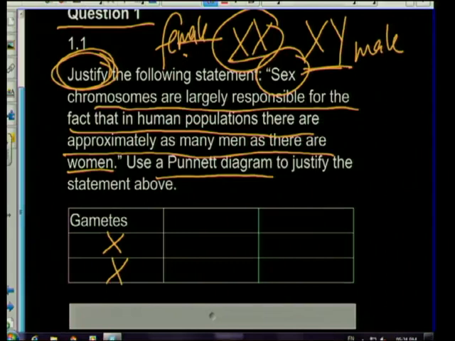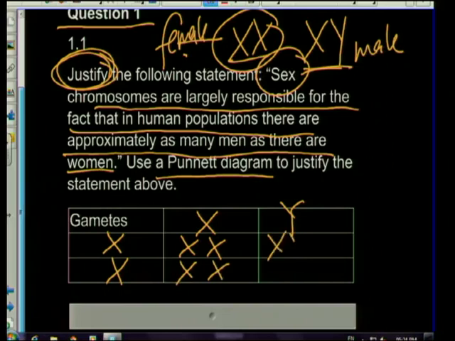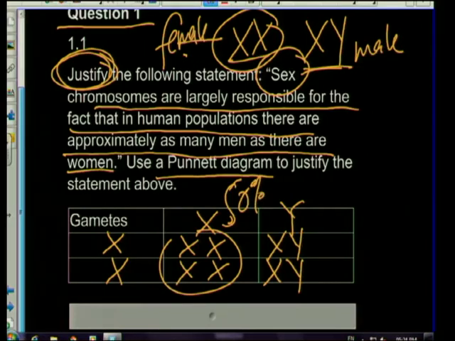So if we have a female XX and a male XY, what are we going to do? We're going to say X and X gives us XX, X and X gives us another XX there, X and Y, XY, XY. Notice 50% chance of a female and 50% chance of a male.